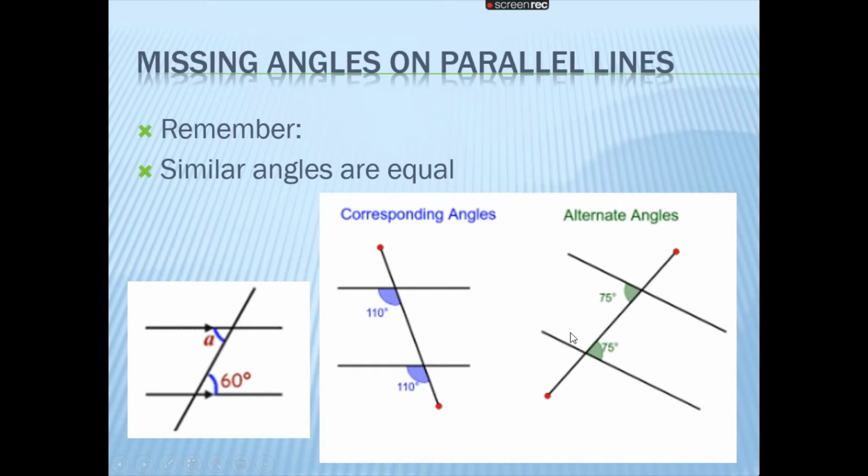Or another way to look at it: if you can see a Z shape there, that would mean that this angle and this angle will be the same. So, you can see a Z here, and the missing angle A is going to be 60 degrees as well.